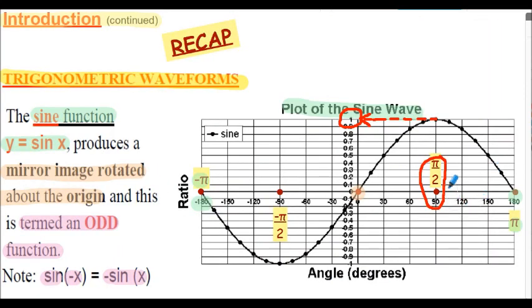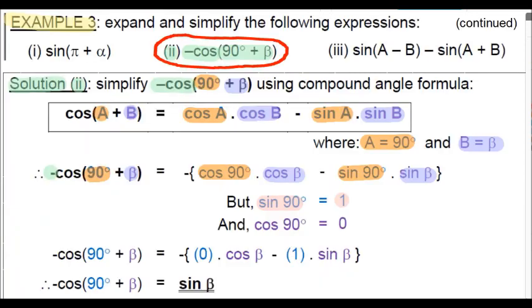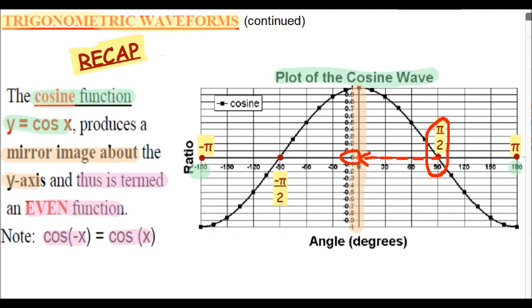We can see here sine of 90 degrees, or pi upon 2 radians, has a ratio of 1. And the cos of 90 degrees has a ratio of 0, which we can see from this diagram. At 90 degrees on the horizontal axis, the curve crosses the horizontal axis, so the ratio is 0.